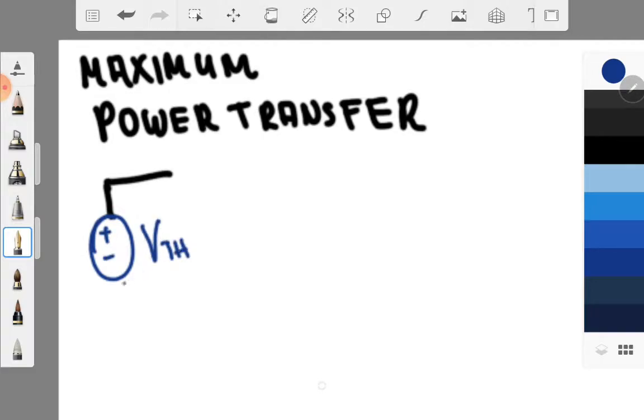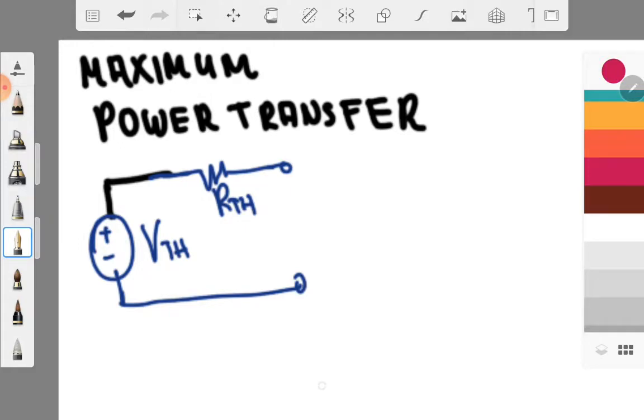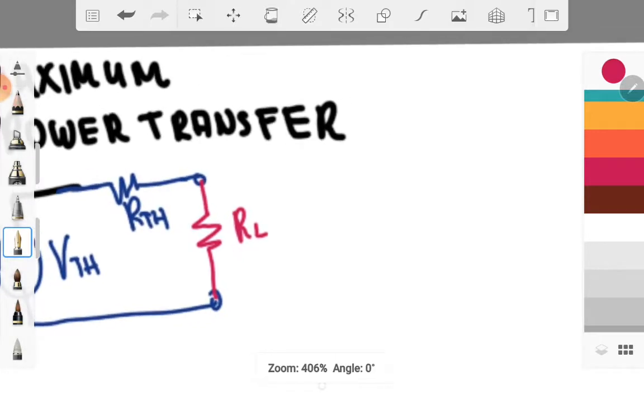have our VTH, and then you have your RTH, then your RL. Take note that your RL is the load in this circuit. Your RL, your R load, is the load in the circuit.